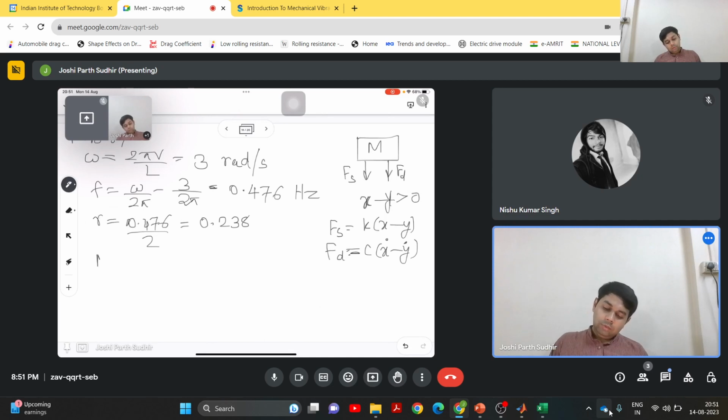So we can write down m x double dot is equal to minus k times x minus y minus c times x dot minus y dot.